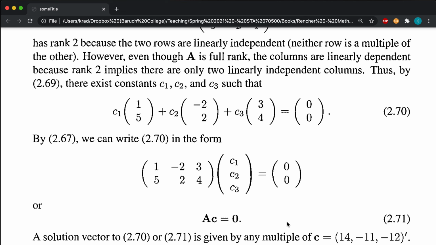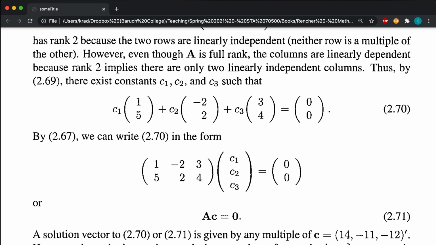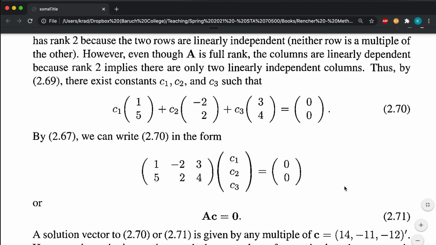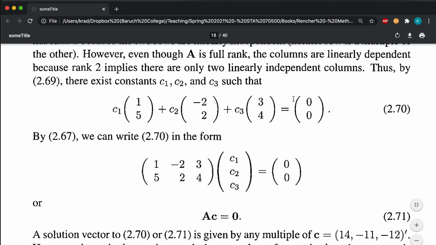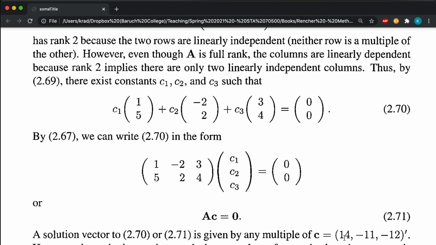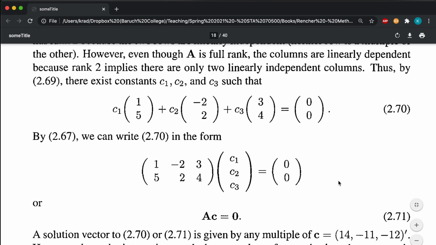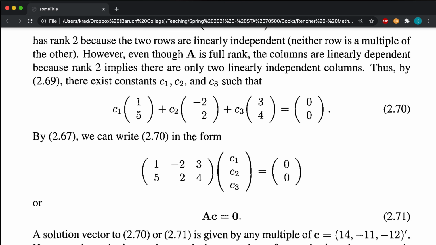It turns out that if C1 is 14, C2 is negative 11, and C3 is negative 12, you add them up and get 0, 0. So you see, there are these non-zero constants 14, negative 11, negative 12, and when we put them here we get 0, so that means that these 3 vectors are linearly dependent.